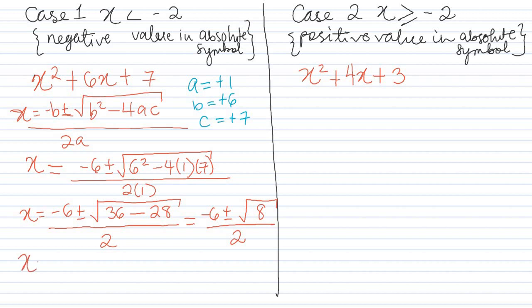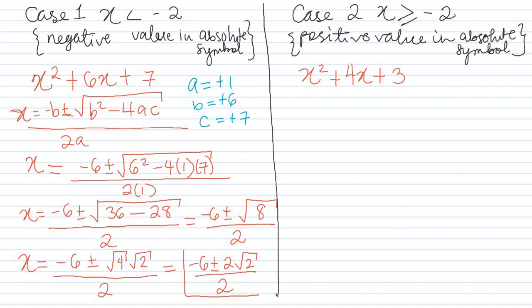So x equals -6 plus or minus square root of 8, which is the same thing as square root of 4 multiplied by square root of 2, because 4 times 2 is 8, divided by 2. So that will be -6 plus or minus 2 root 2 over 2. Okay, so that is what x is right here.